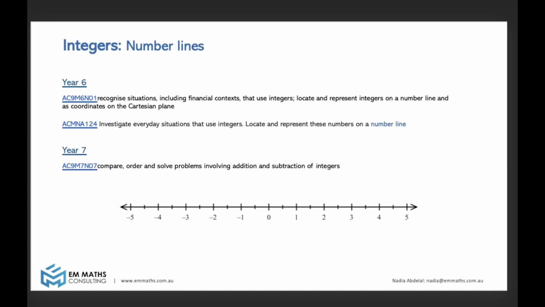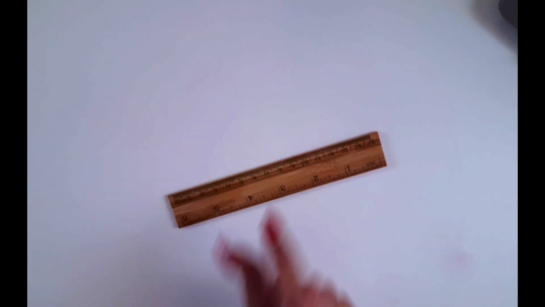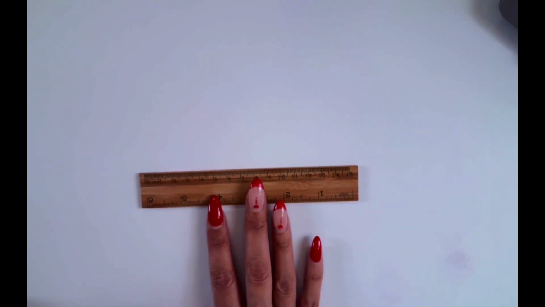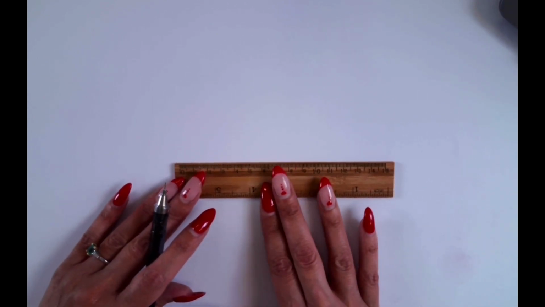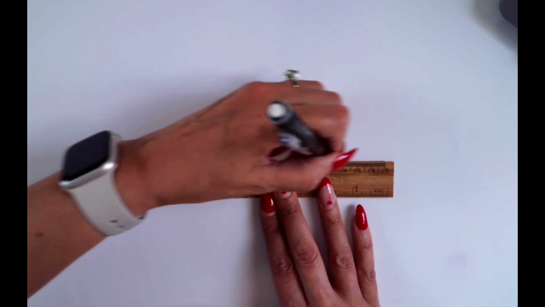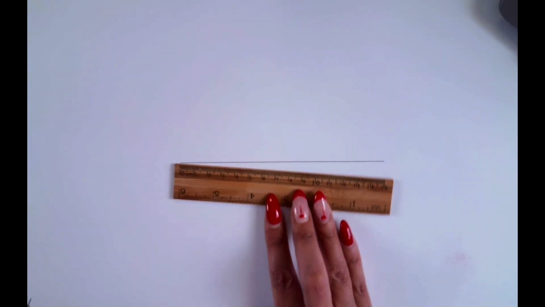The very first thing we are going to do is look at the number line and how we can get the students to construct number lines and work through problems that involve integers on those number lines. I always like to get the students to draw their own number lines. I don't have a longer ruler than this, but this is okay. We can construct our straight line.